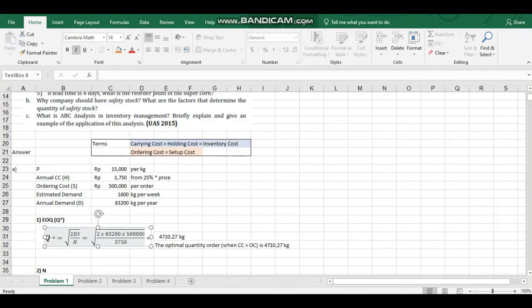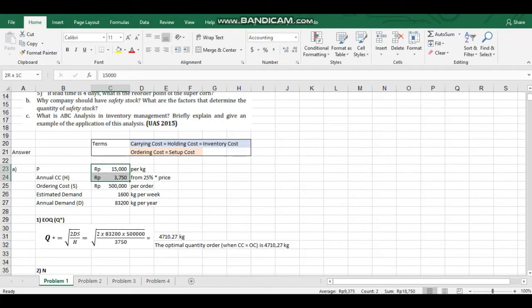All of these components we already have from the problem. Here we just input them into the equation.